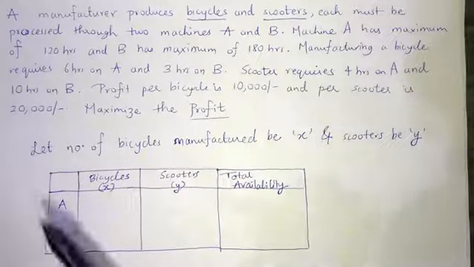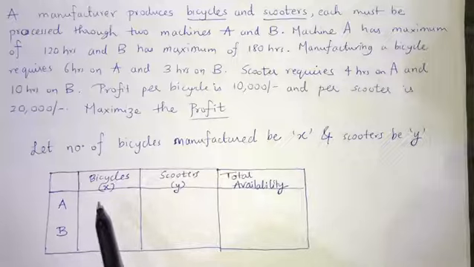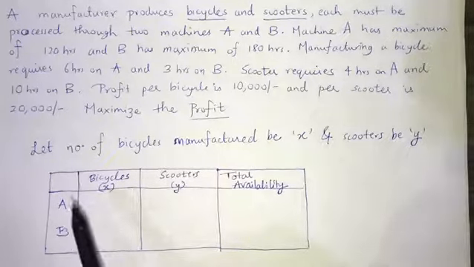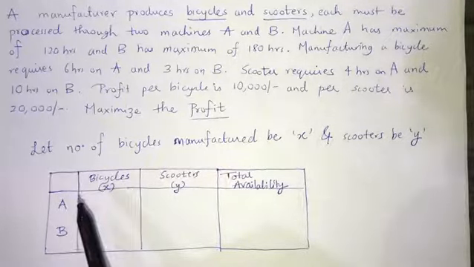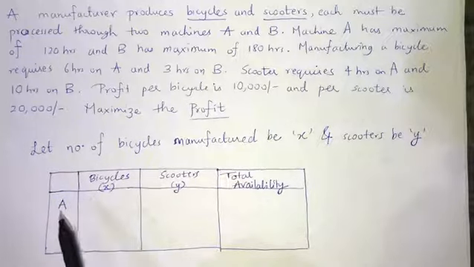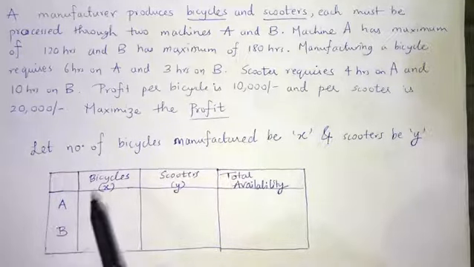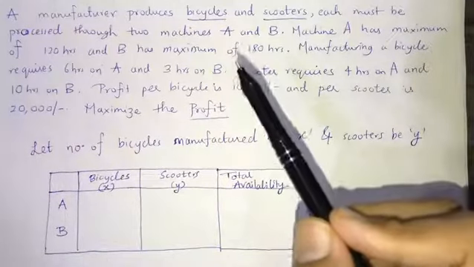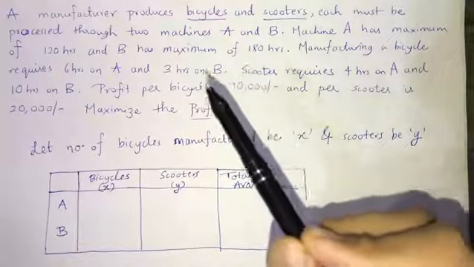So right now I am focusing on bicycles. We have X bicycles to be manufactured. Now bicycles go through machine A and machine B. How much time does a bicycle need on machine A?